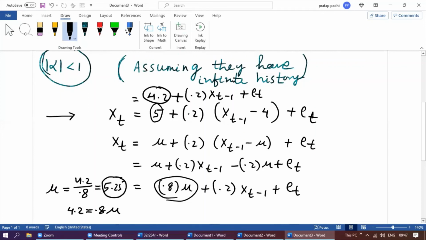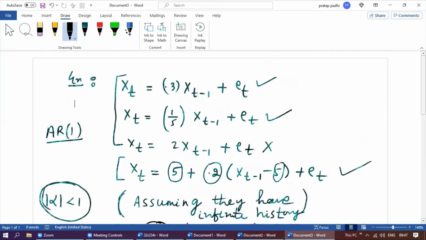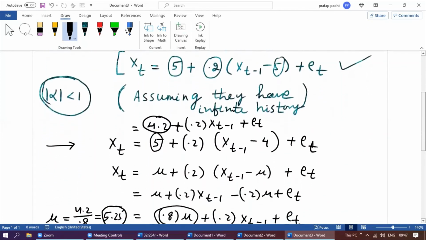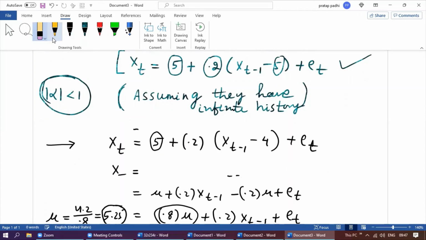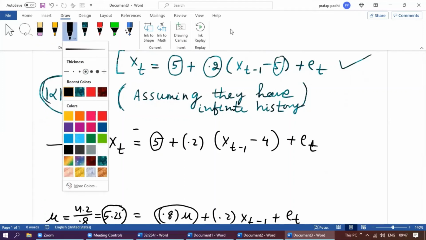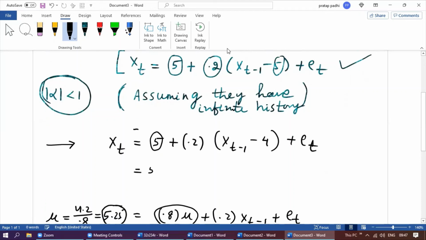5.25. Now I can write it this way. You can check that they are the same: 5.25 plus 0.2 xt minus 1 minus 5.25 plus et.